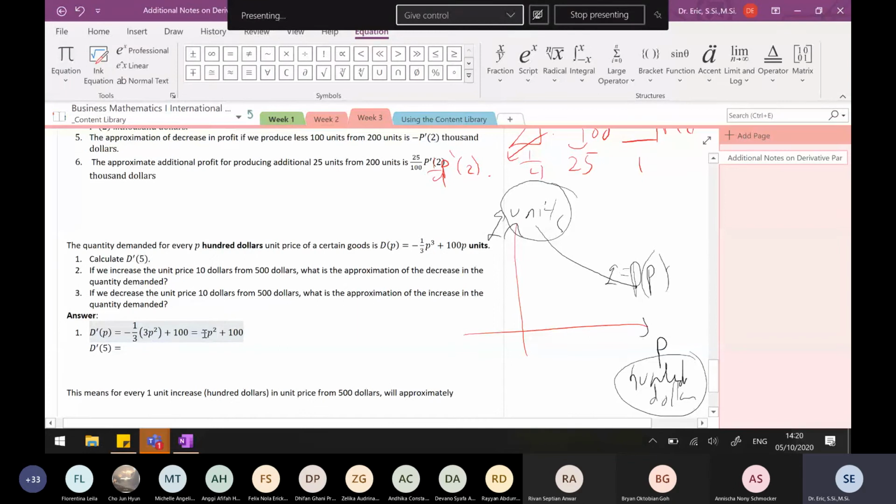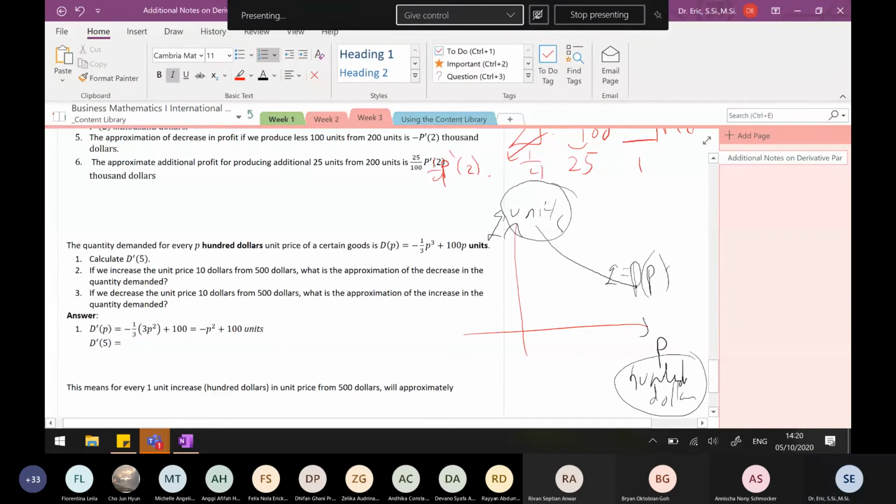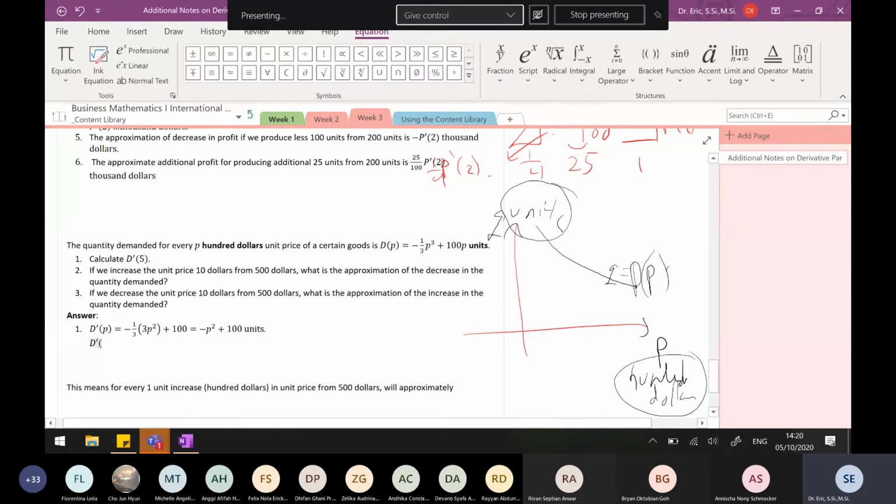Don't forget the units is in units. Okay, yeah. So D prime 5 is minus 5 squared plus 100. This is 125 units, yeah.